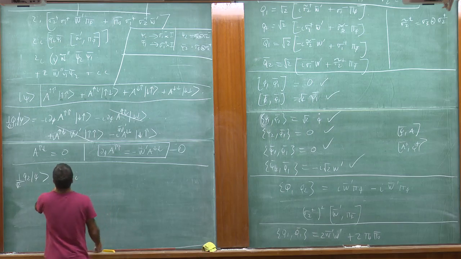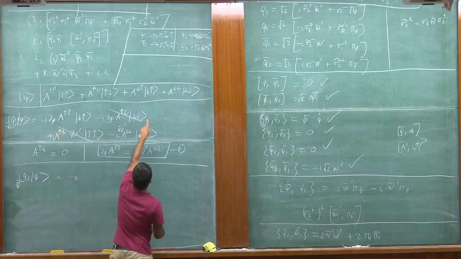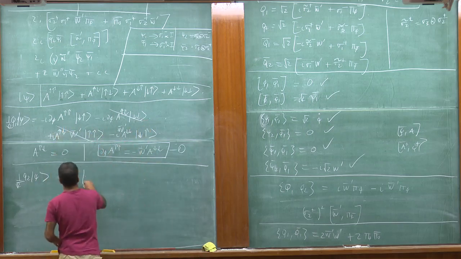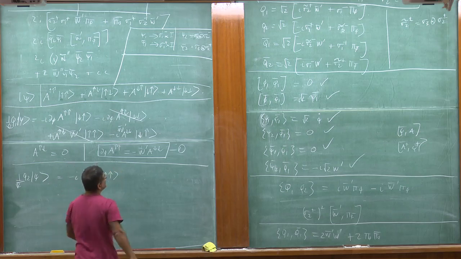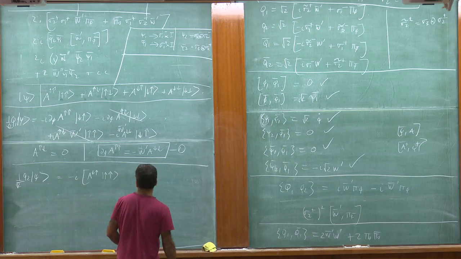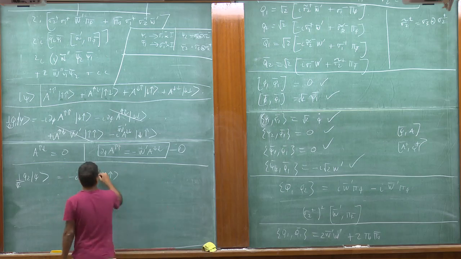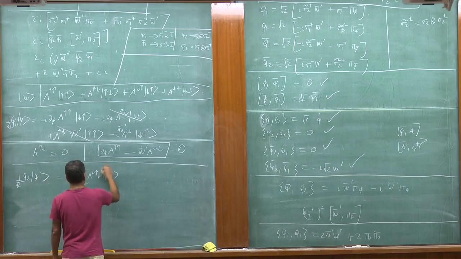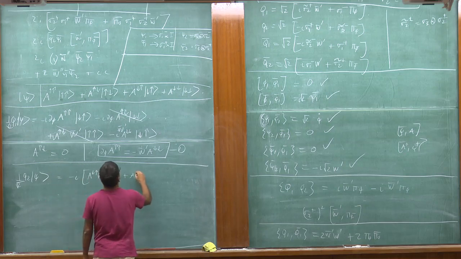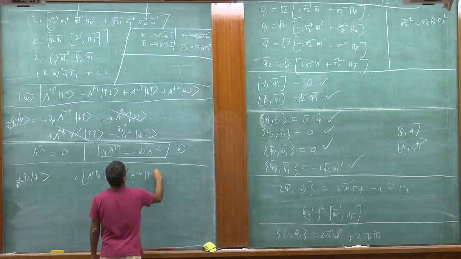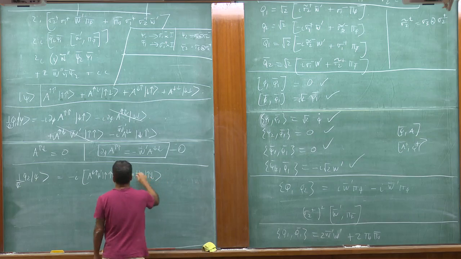So it only acts on the guys here that went down, last two terms, A down, up, and this makes it up. And because there is no tilde, there's no funny sign, and W bar prime. Okay, and plus A down, up, down, W bar prime.